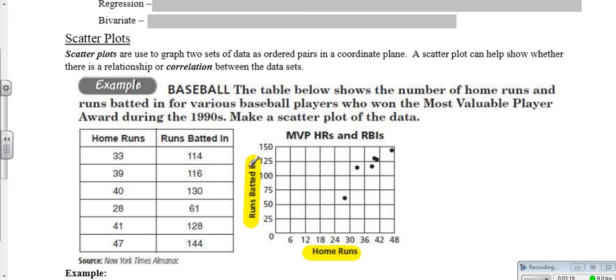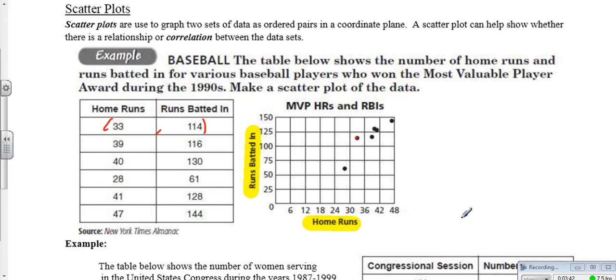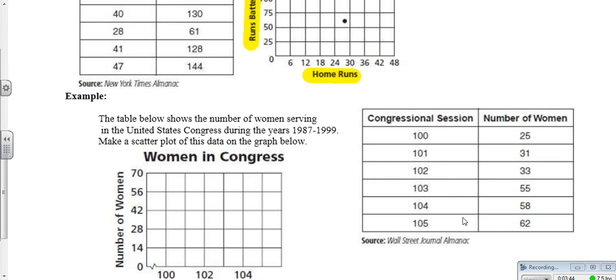Runs batted in would be the dependent or the response variable. Now if we graph them as a coordinate, so 33 and 114, we have 33 over, 114 up, and that's that point right there. And we would plot each point in that manner. And that would be a scatter plot.